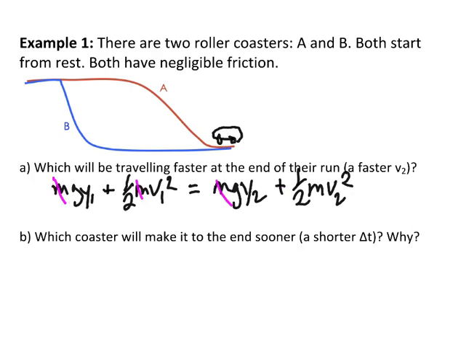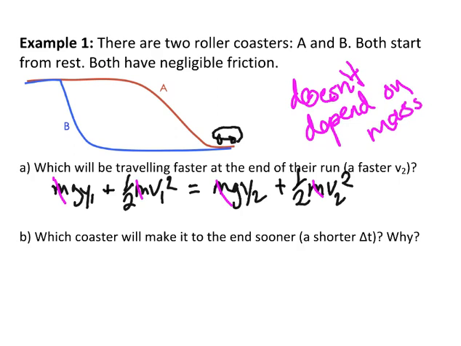You could divide every term by mass and it's just going to be gone. So notice this doesn't depend on mass at all. So it doesn't matter if you have a really heavy roller coaster car or a really light one. It's not going to make any difference in the final speed. Both of them will be going the same speed at the end.